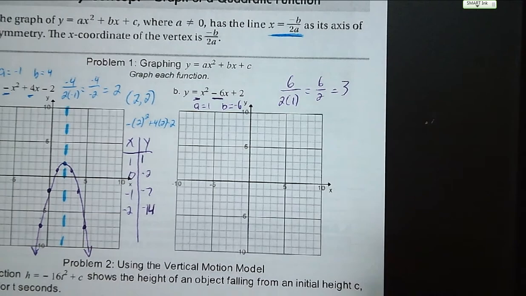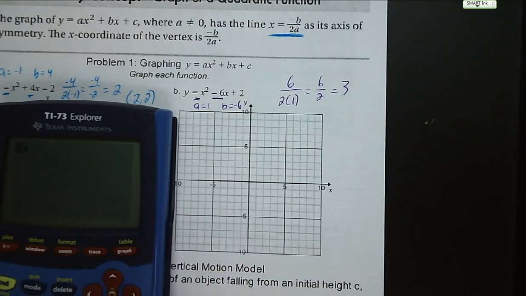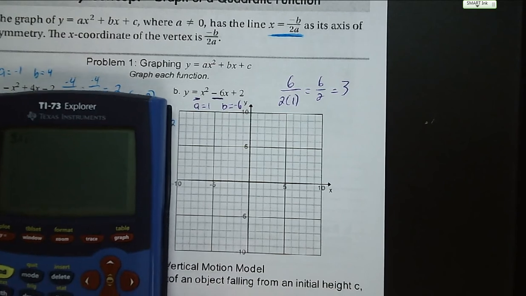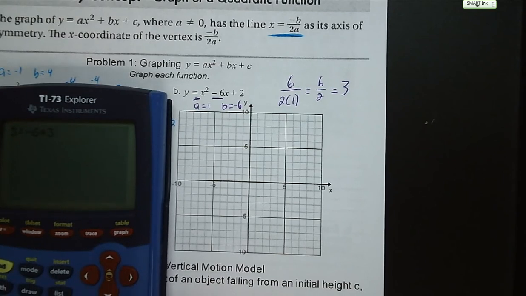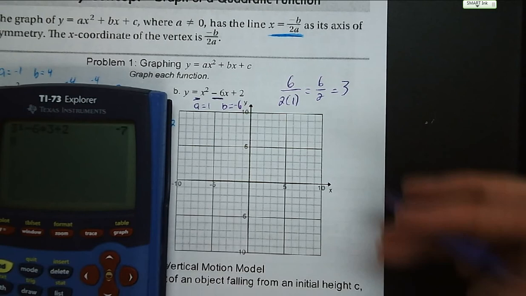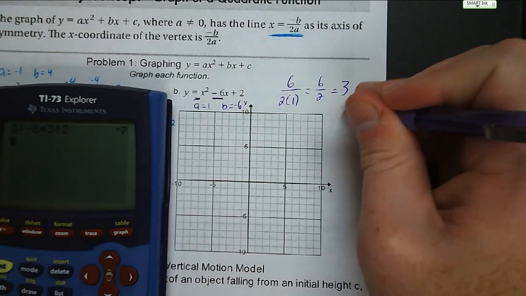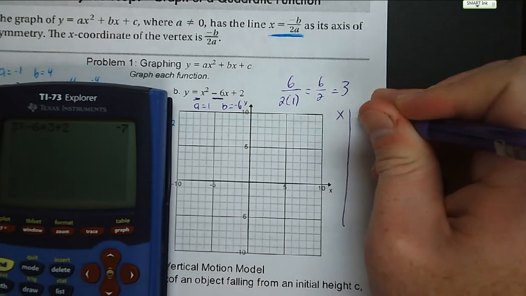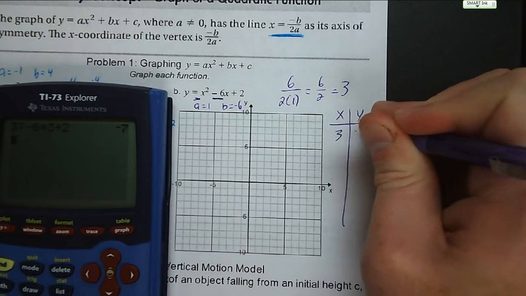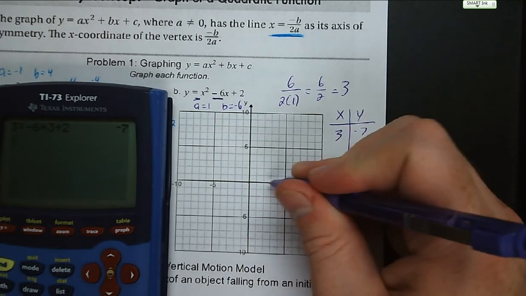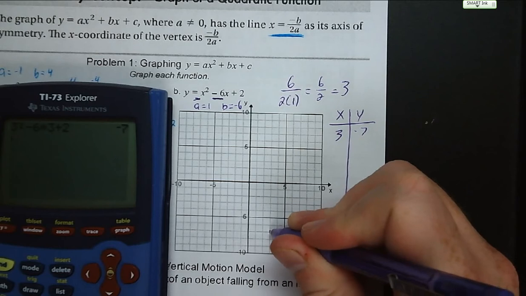So we plug 3 into our equation. We've got 3 squared minus 6 times 3 plus 2, which is negative 7. So we have a point at 3, negative 7.